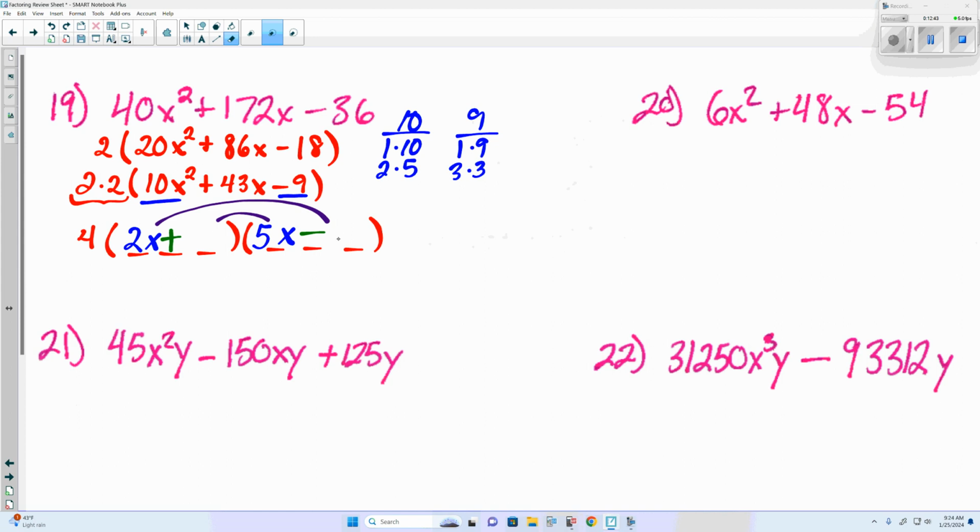Now we can switch to 1 and 9. I think this is not going to be the right setup, because 2x times negative 9 is negative 18. 1 times 5x is plus, which would be negative 13x. Okay.